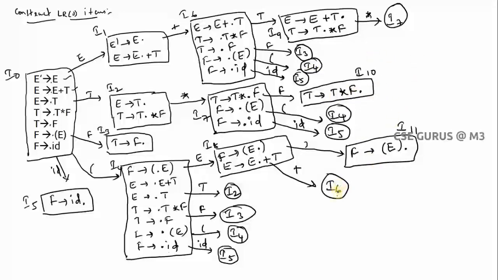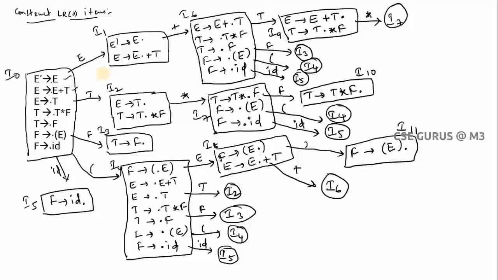There is no further. So like this you need to construct the LR(0) items. Each one, I0, I1, I2, all we call items. So this is a procedure actually in one page. Every time you need to scan a symbol, after scanning the symbol you have to move that symbol after the dot.